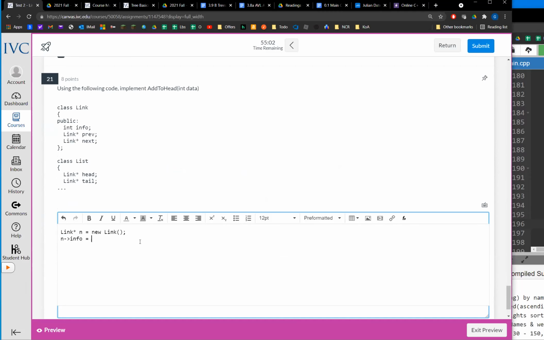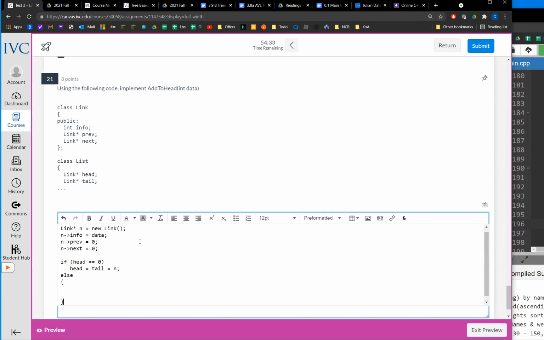And info equals data. And previous 0 and next 0 as our default starting point if the head is equal to 0. Then the head equals tail equals n.